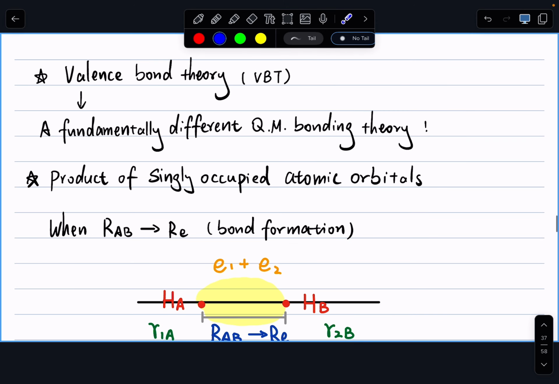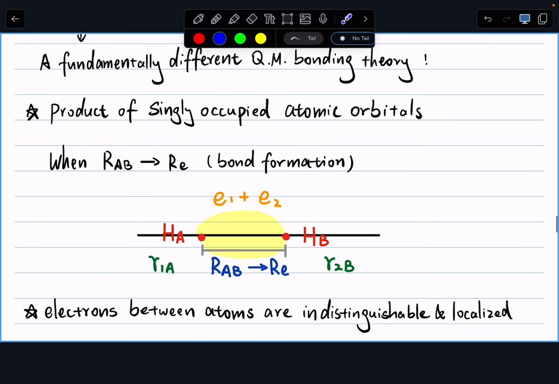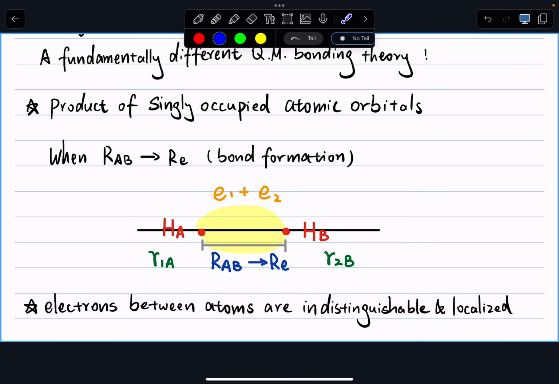Alternatively, we have the valence bond theory. The valence bond theory is a fundamentally different quantum mechanical bonding theory. So we're not doing addition anymore. In valence bond theory, we're doing the product of singly occupied atomic orbitals. So keep in mind, in valence bond theory, we're taking the product of 2 singly occupied atomic orbitals to predict the bond formation.